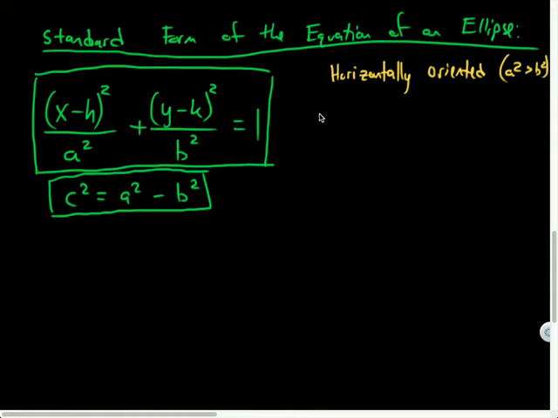Okay? Let's see, our center would be at h comma k. Our foci are always along the major axis, so in this case, since it's horizontally oriented, the major axis is that way. You're just going to add or subtract whatever c is to the x coordinate of the center, and the y coordinate would stay the same.